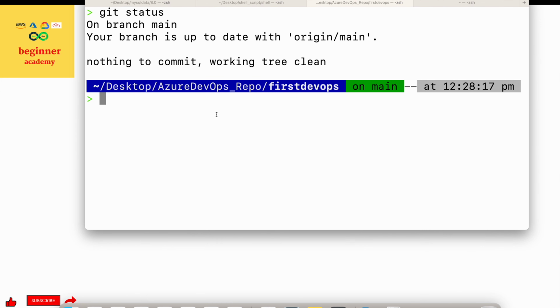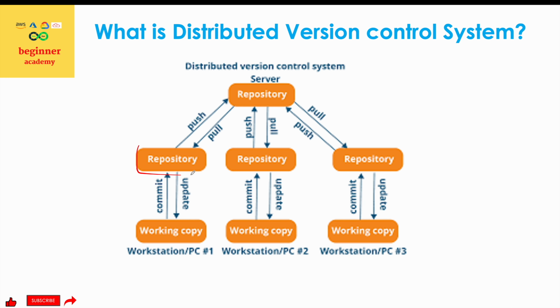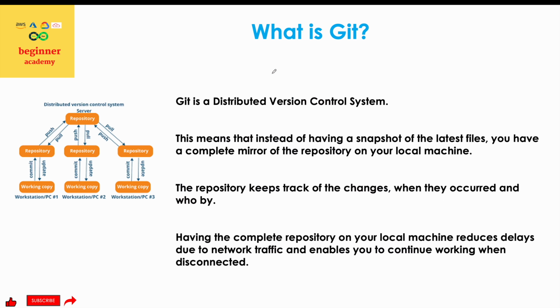For example, if you see here, git is kind of a detective. It checks the status: we are on the branch main, and your branch is up to date with the origin. Meaning my local copy, this repository, is in sync with this particular central repository.